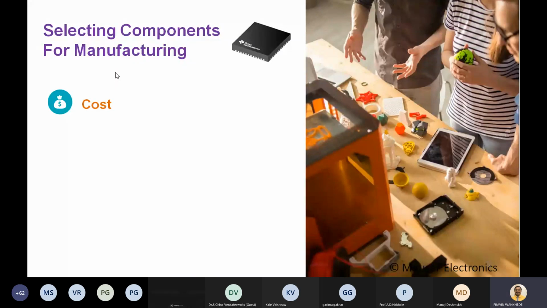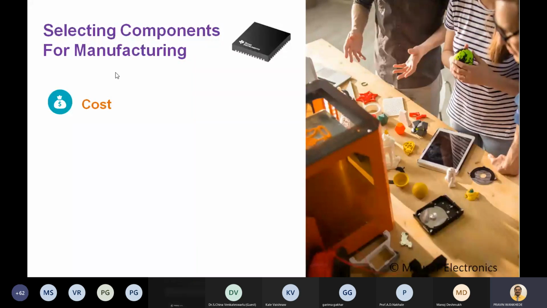Then what are the different sources for that component? There may be a possibility that you are using a component manufactured by only one company, and due to this the cost of that component may be high, correct? And there is the nature of the part, whether it is specially manufactured for a particular application, like medical, wearables, or industrial control.